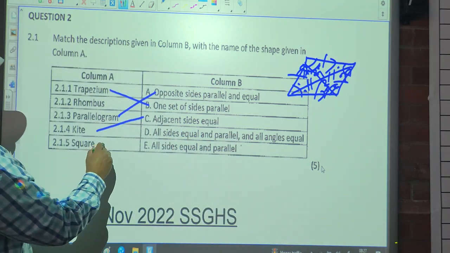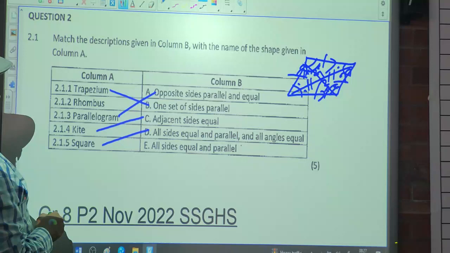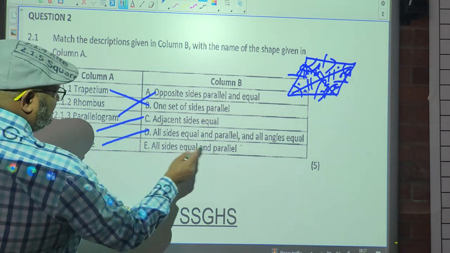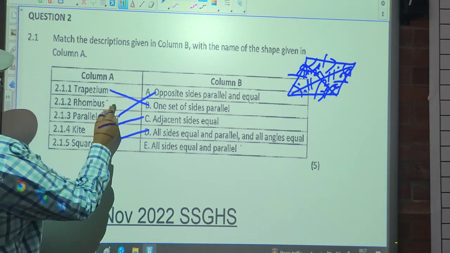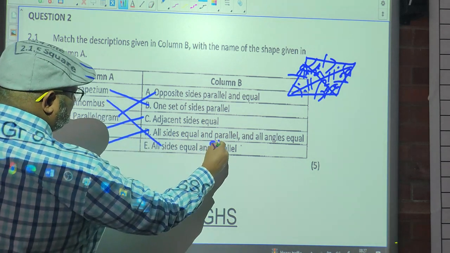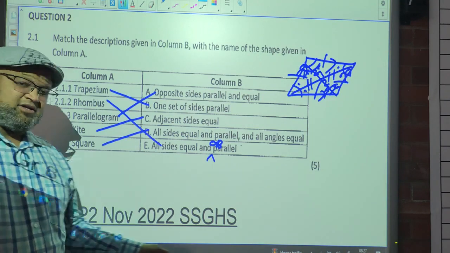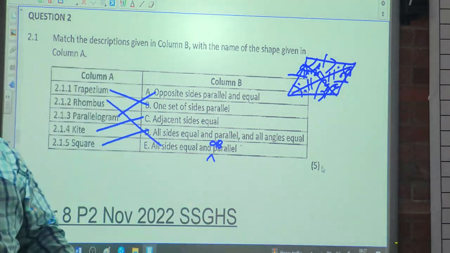So that fits the best with the square. All sides are equal and opposite sides are parallel. That's the rhombus. I think you just forgot to put opposite. In both cases. You all agree with that, people? Any confusion?